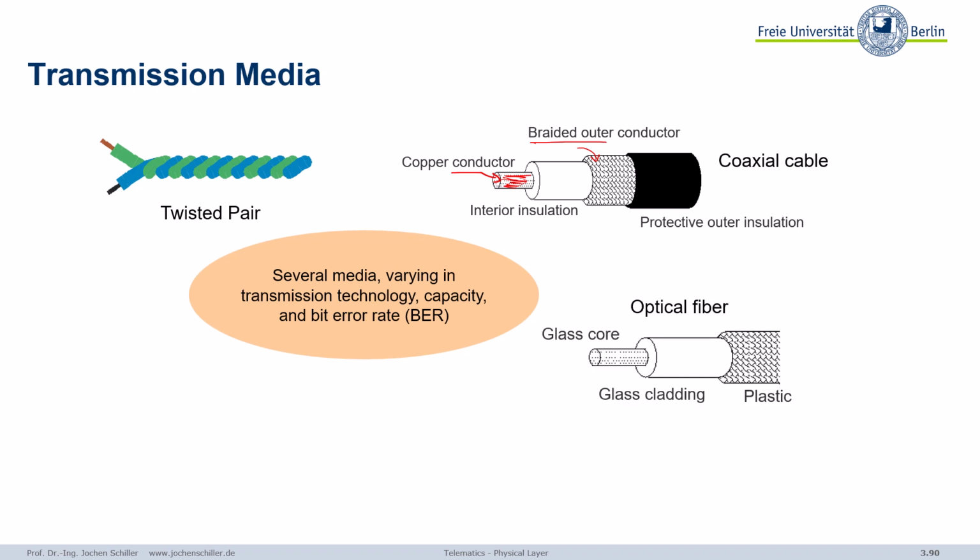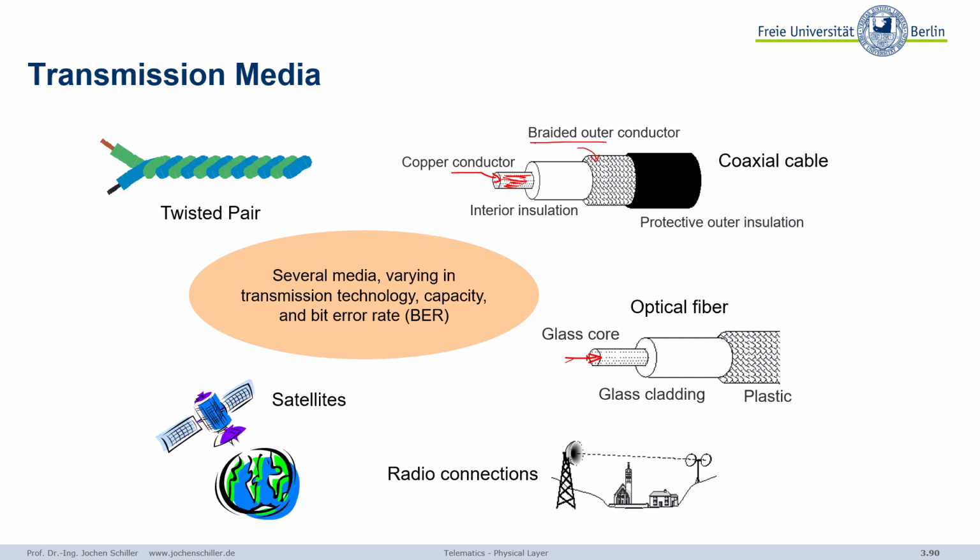Then optical fibers, where you have a glass core and you have some plastic and some other layers. You transport the light inside the core, and there are also many differences. Also important, but not the major topic here, are radio connections, cellular phones, mobile phones, directed microwave links, and satellite communication.